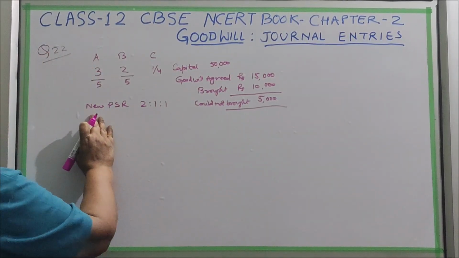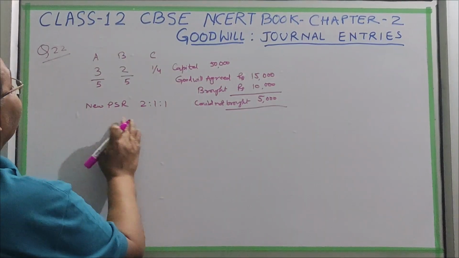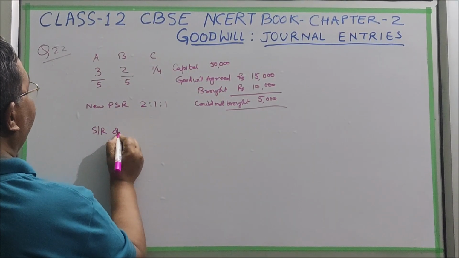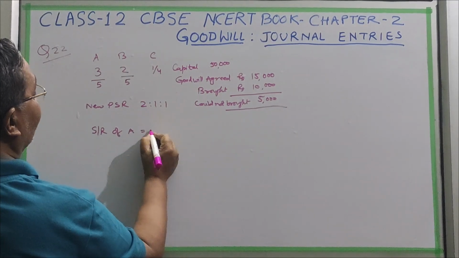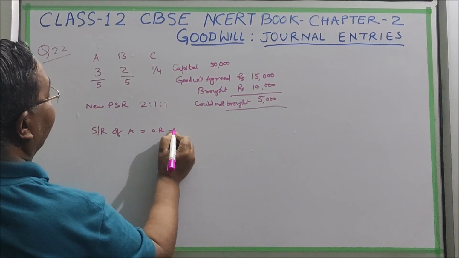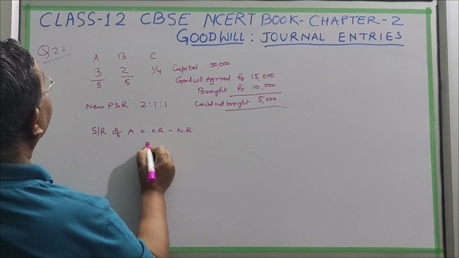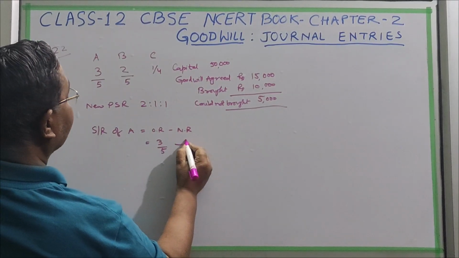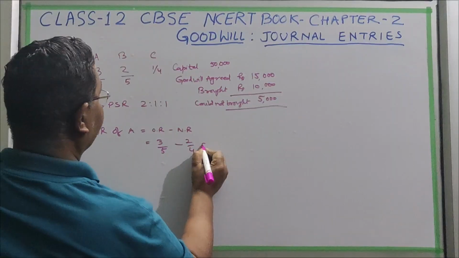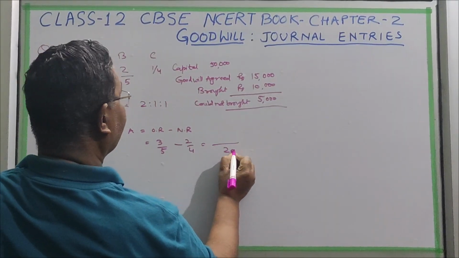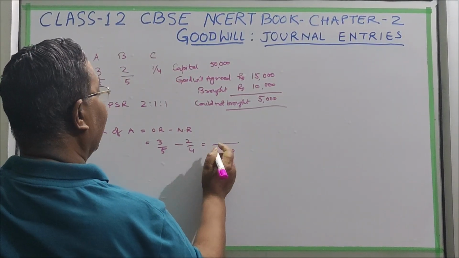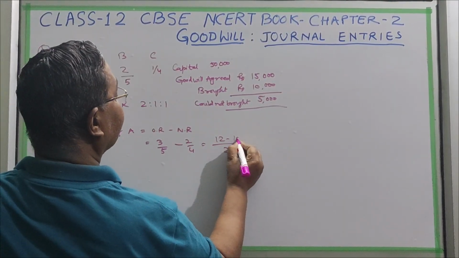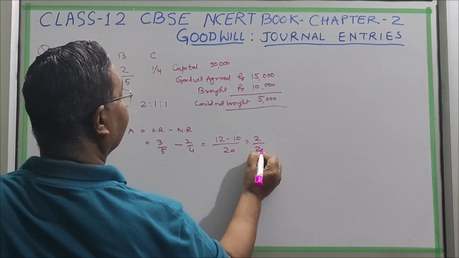So we know that goodwill is always divided in the sacrifice ratio. First we will find the sacrifice ratio of A. A's old ratio minus new ratio. Old ratio was 3/5 and new ratio is 2/4. LCM 20, 12 minus 10, so it is 2/20.